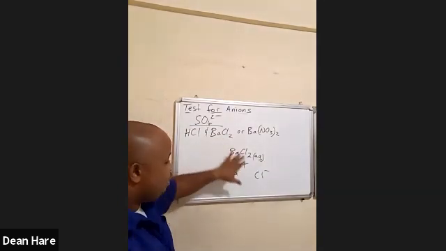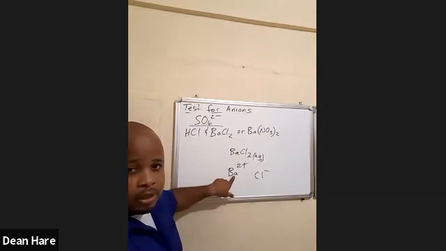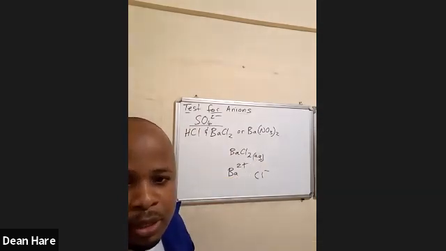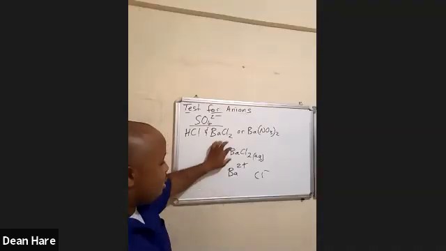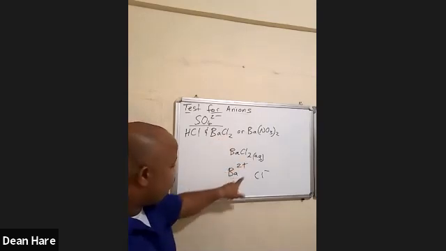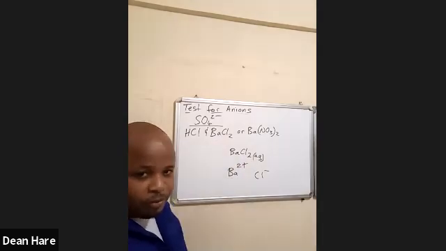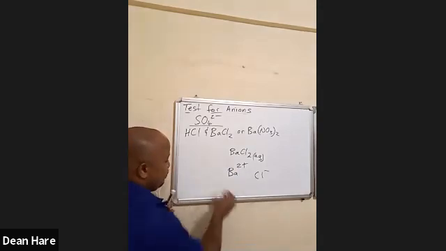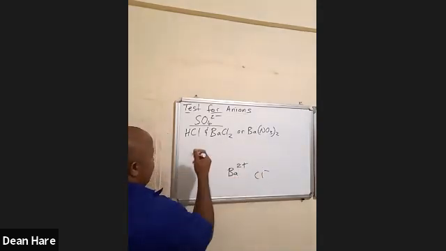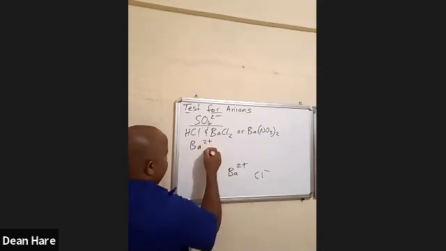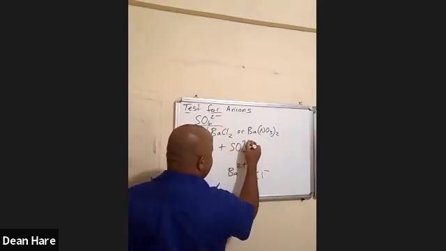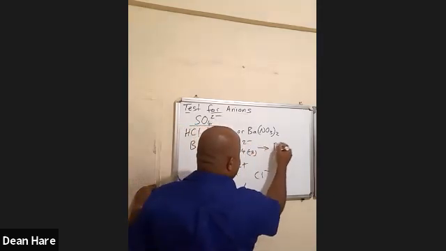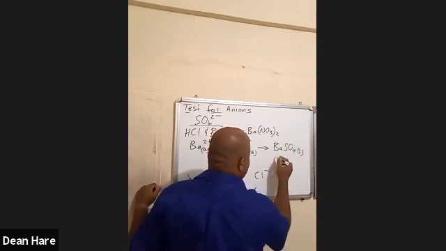So when you add a solution of barium chloride, the barium ions are going to combine with the sulfate ions, and you get barium sulfate, which is a white solid.